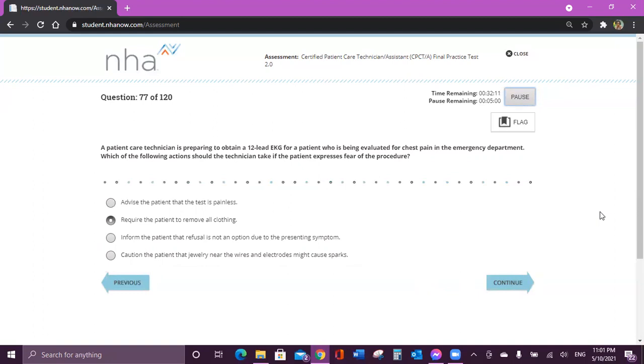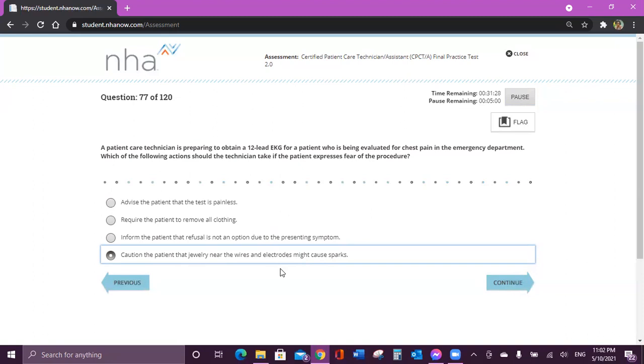Which of the following actions should the technician take if the patient expresses fear of the procedure? Advise the patient that the test is painless. Require the patient to remove clothes. Inform the patient that jewelry near the leads must be removed. Read what it says. That has nothing to do with the question.